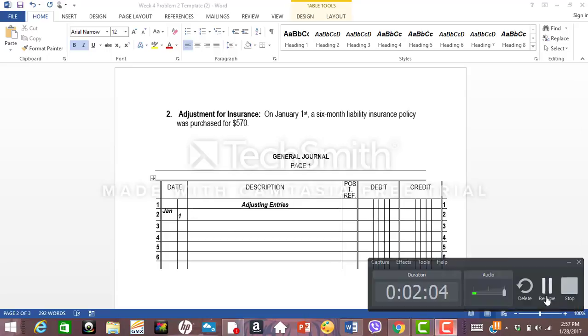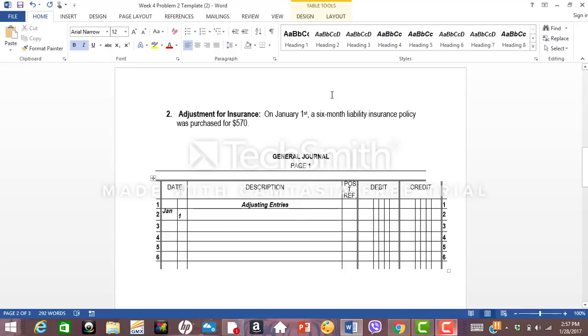Hold on just one sec. So this would be at the end of January, how much was lost. So basically, prepaid insurance, and then obviously we don't have a post reference number, but it was bought for 570. And then insurance expense, or prepaid insurance expense, at the end of January, 1 month is already used.